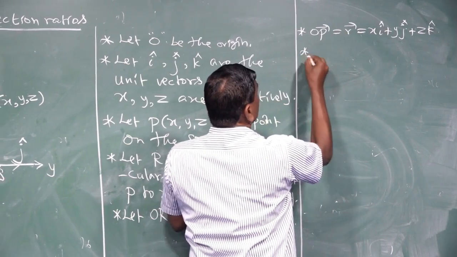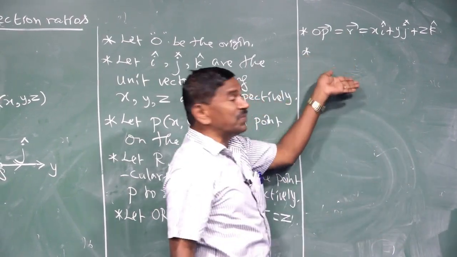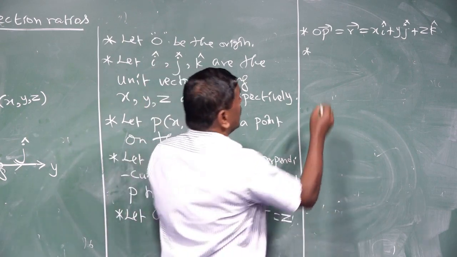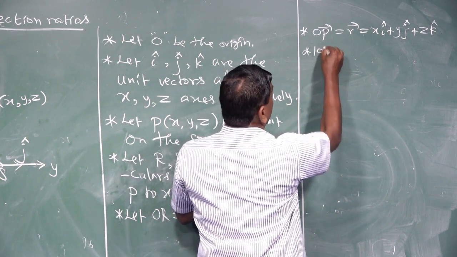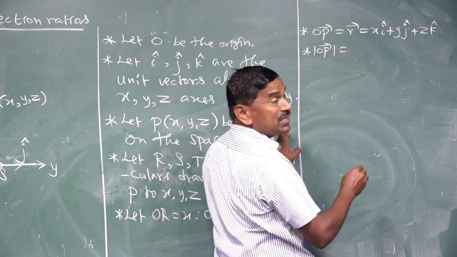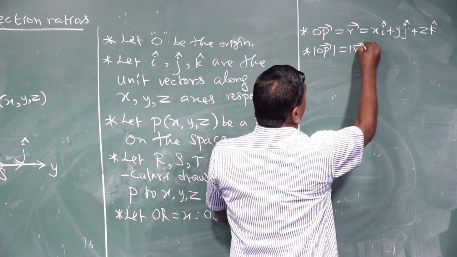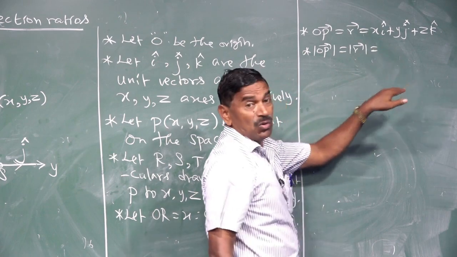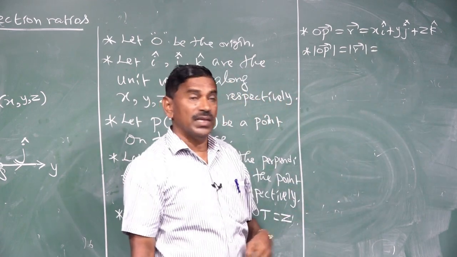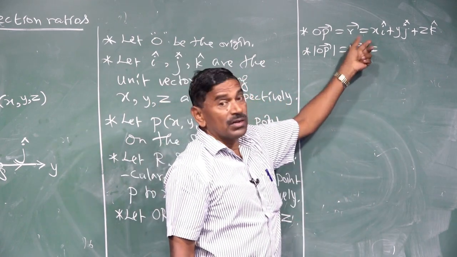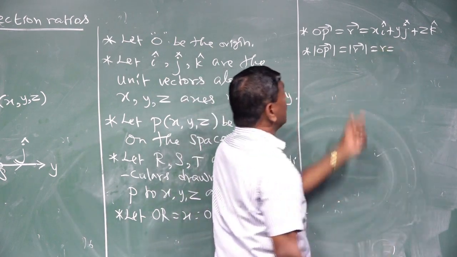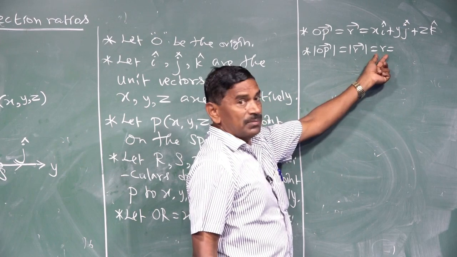Okay, now let us find the magnitude of this vector. Any idea? Very good. The modulus of the OP vector is equal to the modulus of the r vector, which is equal to r.